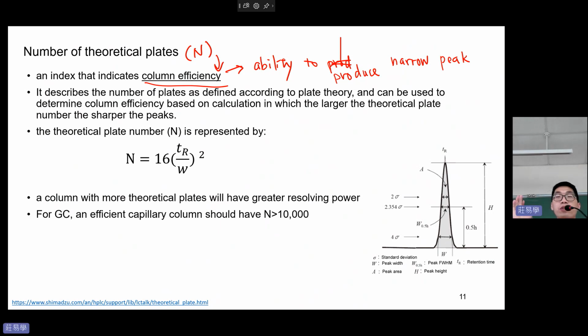The ability of a column to produce narrow peaks. Column efficiency means the ability of a column to produce narrow peaks. Okay.